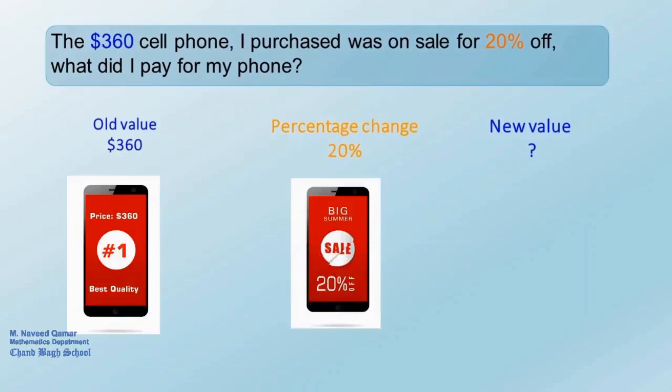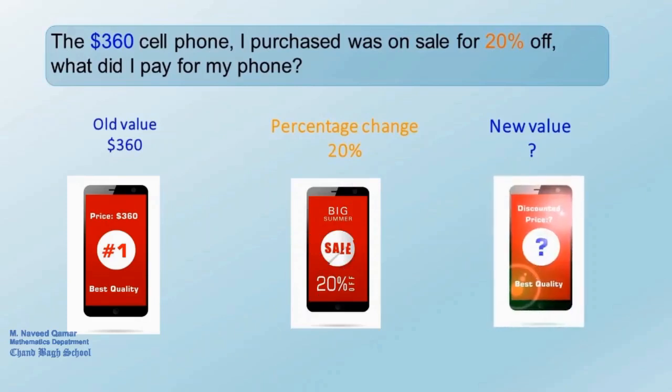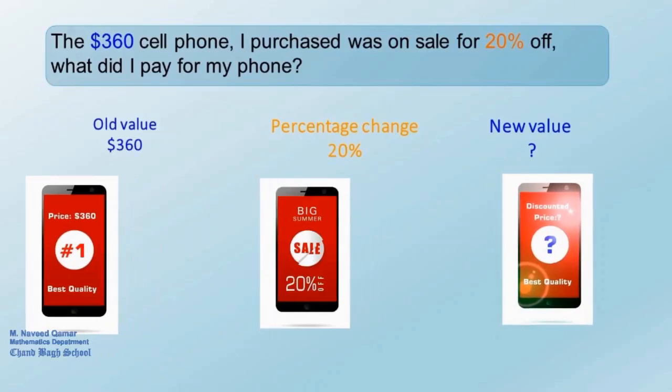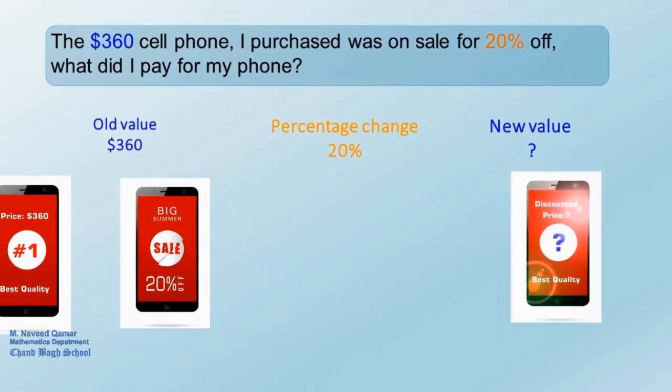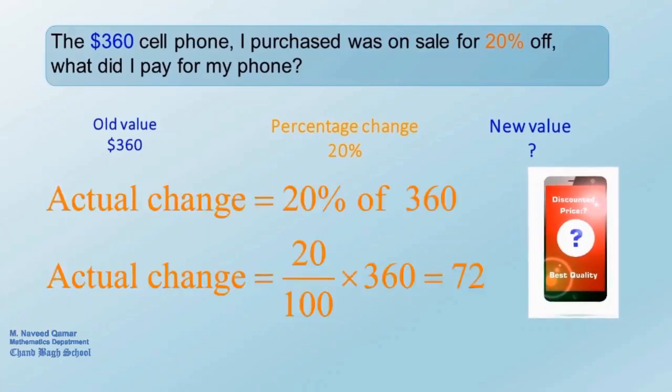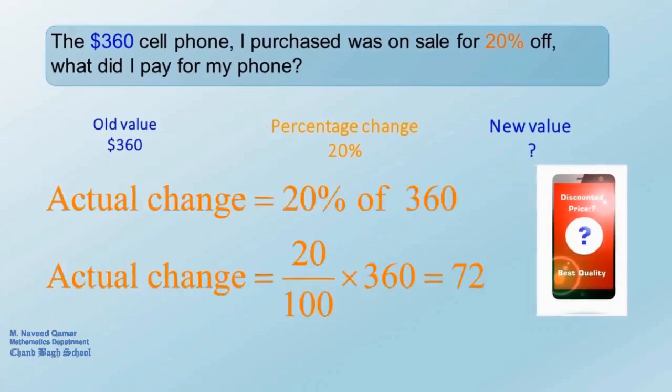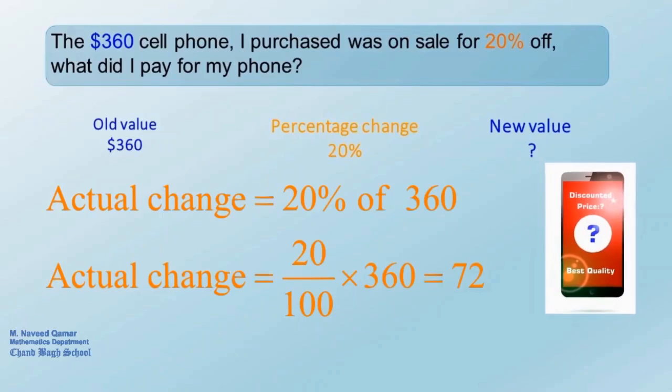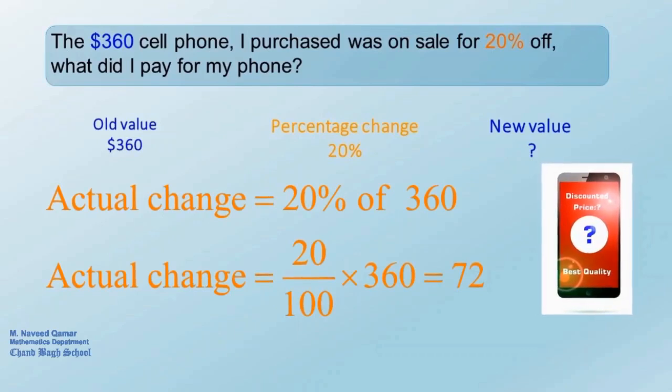The discount rate is also given and we call this rate the percentage change. The new value, which is the price after the discount, has not been given and we have to find this value. To find this value, we need to find the discounted amount.